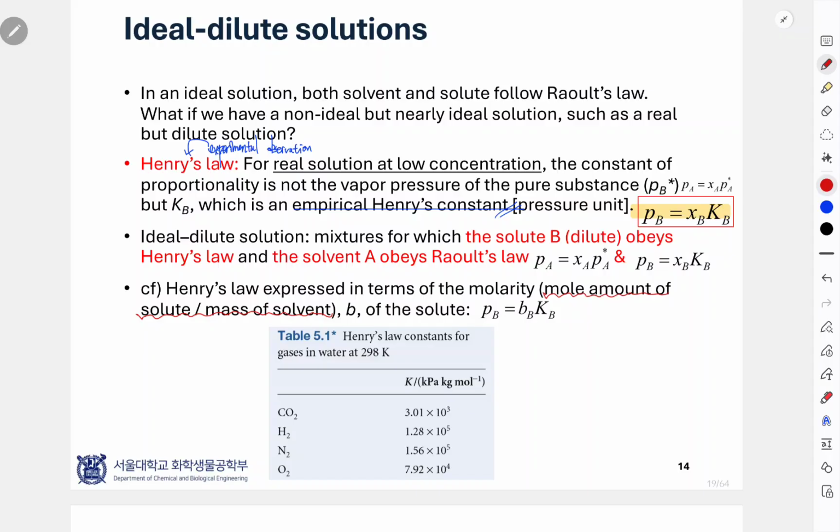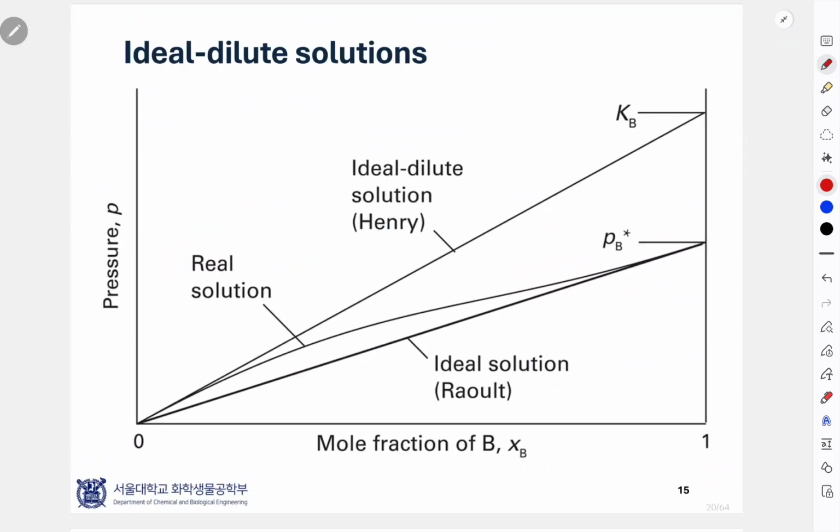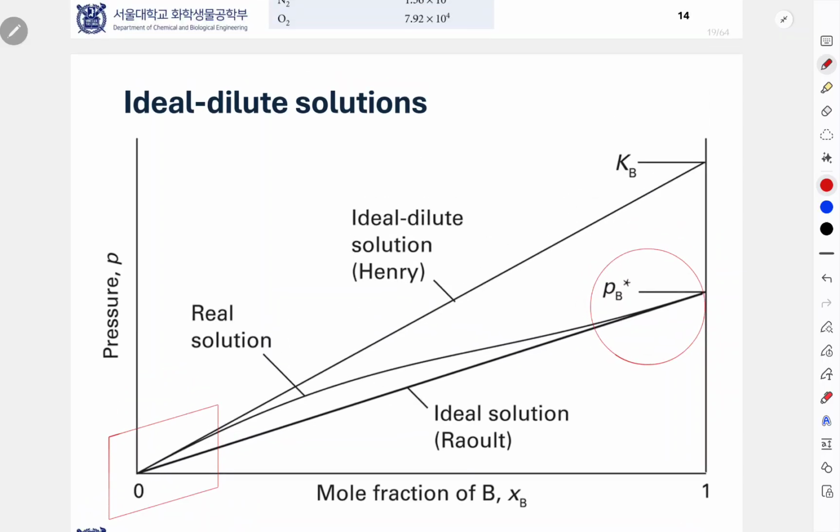And let's see this graph here. When the mole fraction of solute B is very dilute here, the real solution pressure follows Henry's law. But when it is too concentrated, at moderate concentration, there is a deviation from Henry's law and Raoult's law as well.